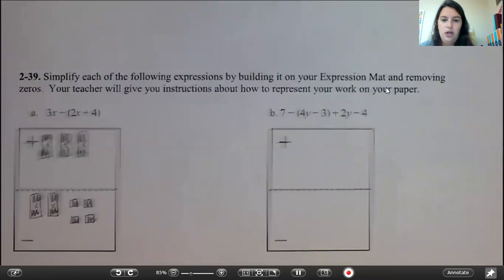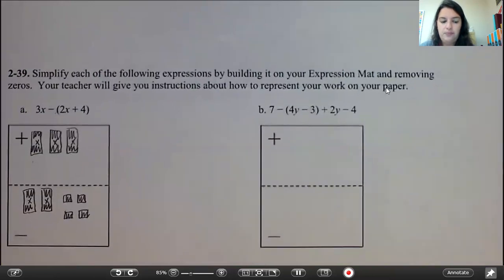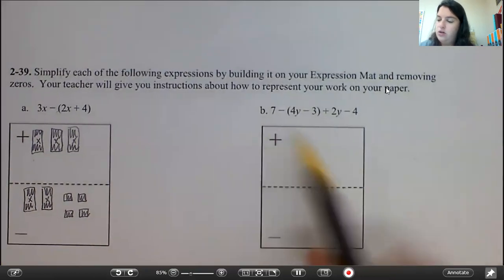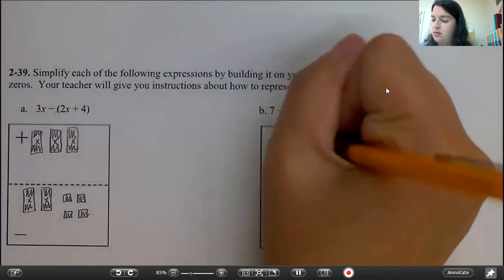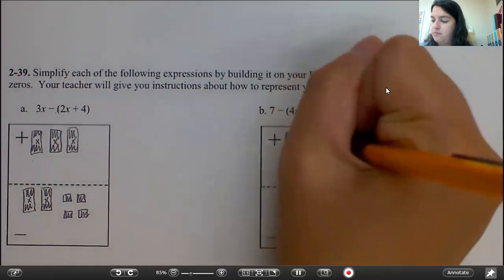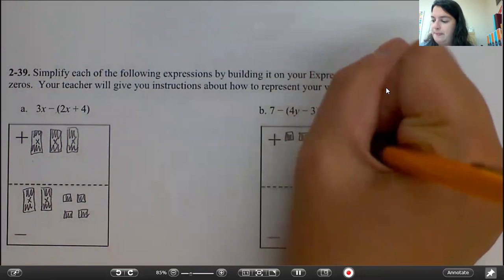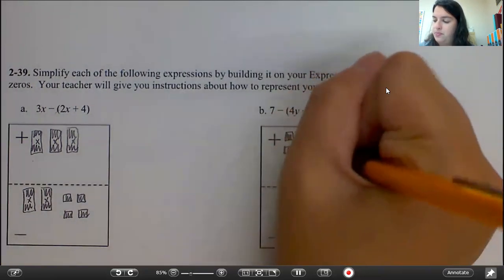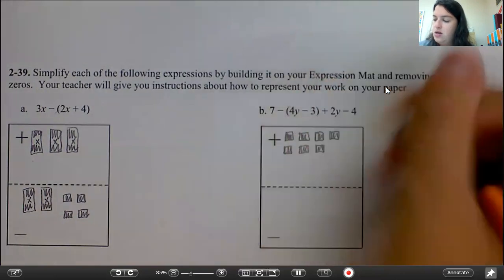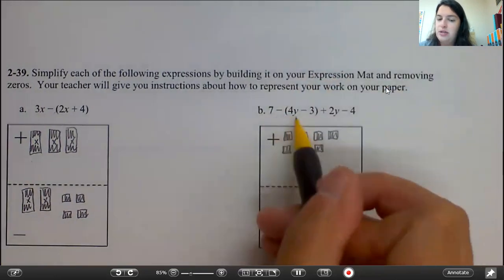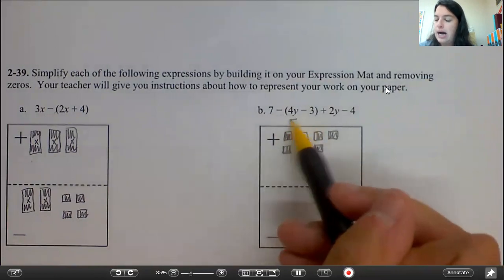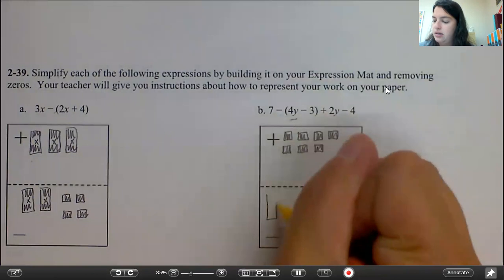Okay, we're going to build the second one as well right now. So we're going to start with 7 unit tiles in the positive region. Okay, now we have our negative in parentheses, which means we're going down to the negative region. Please notice this is for y. We're dealing with y's.